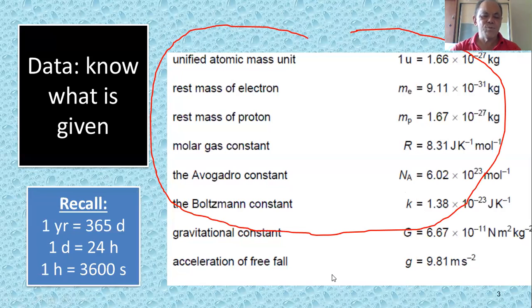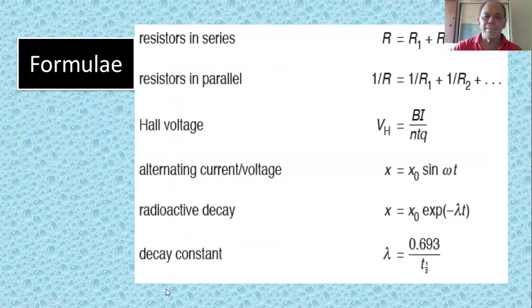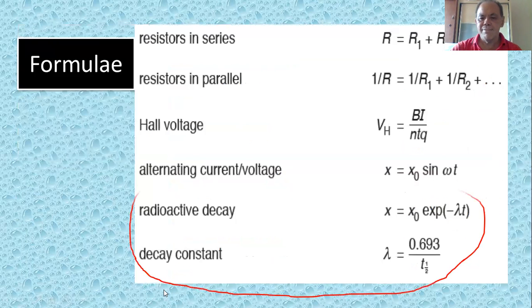And sometimes we will also need to use this one: 1 year is 365 days, 1 day is 24 hours, 1 hour is 3,600 seconds. There's a formula given. We just convert this one to N, then it will be N, or this one to A, that will be A. And there's your formula for the relationship between half-life and decay constant.